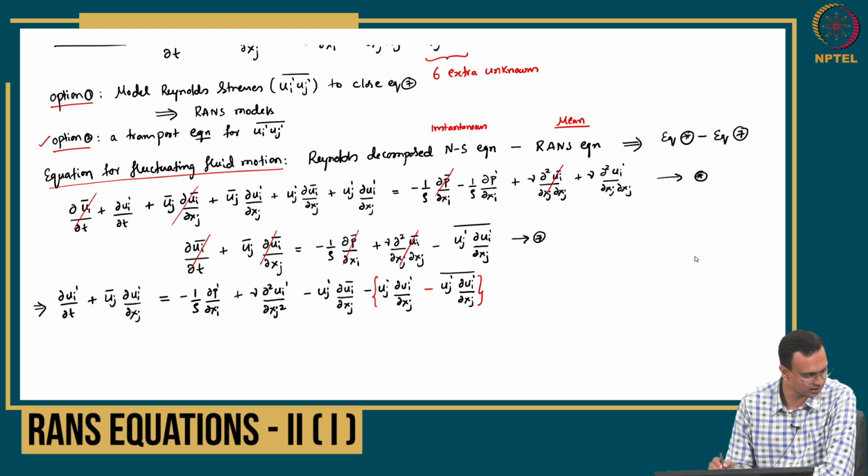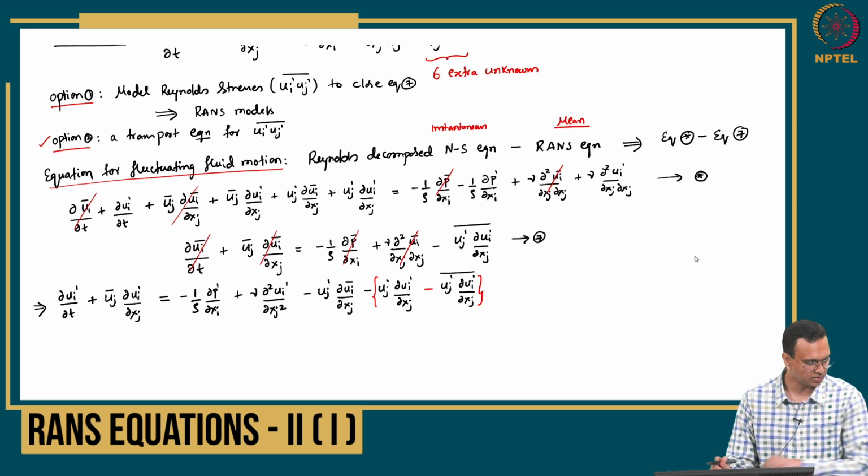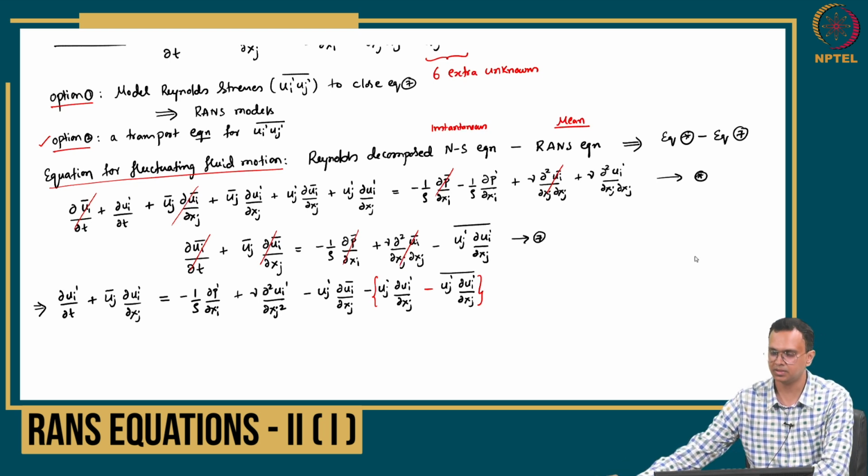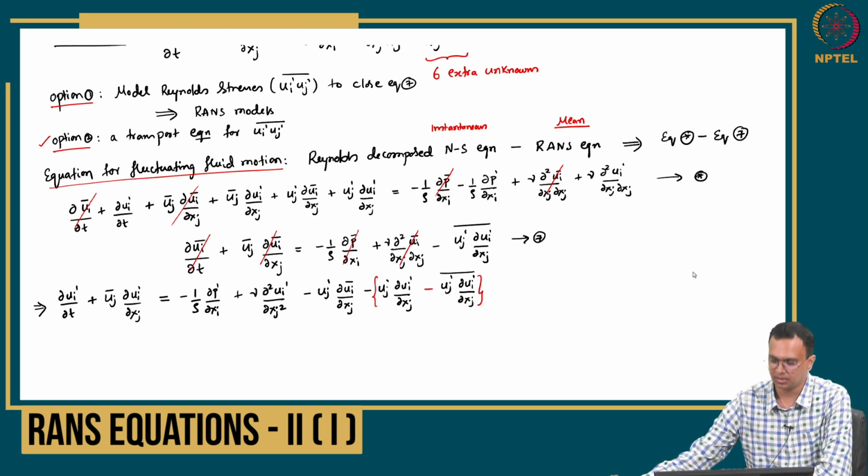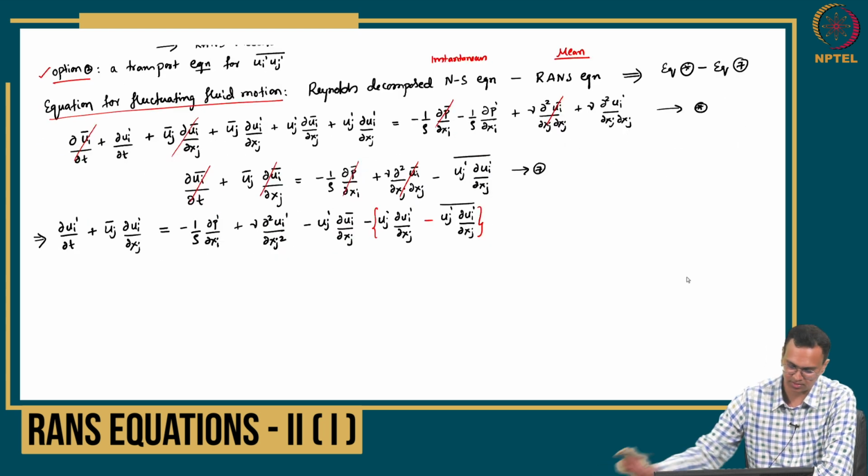But it has 3 extra unknown terms that have come onto the right hand side. One of them is of course the Reynolds stresses, the last one. When you derive this equation, one easy way of finding out whether the derivation is correct is, if you average this, all terms should vanish because the average of the fluctuation is 0. So you have to check this thing.